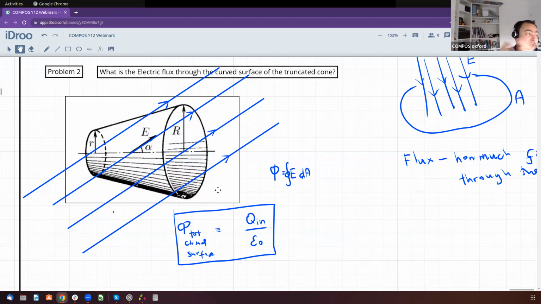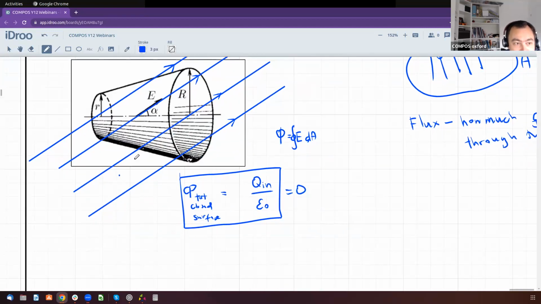Well, it's not said. Nobody says that there is a charge, and besides, it's a uniform field which is external, and the cone doesn't affect the field in any way. So yes, there's no charge there, so this is 0. So the total flux through the surface of the cone is 0.